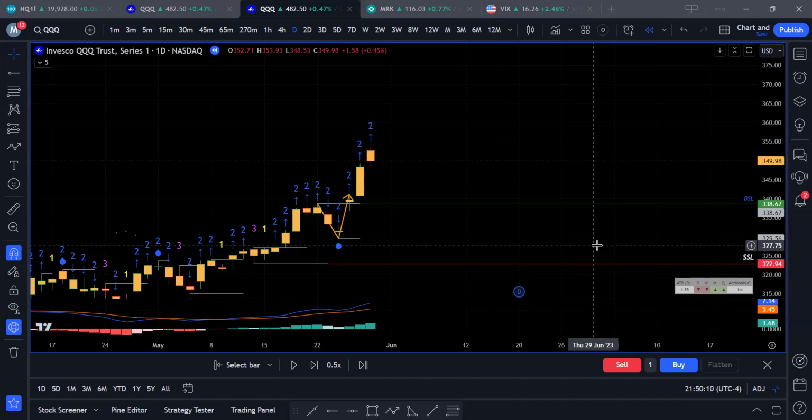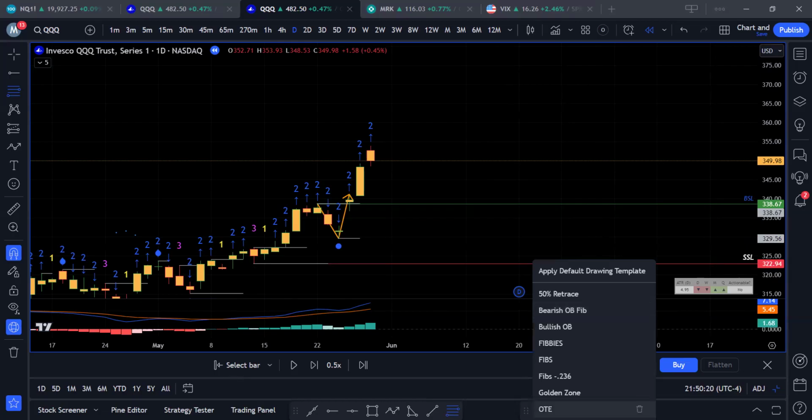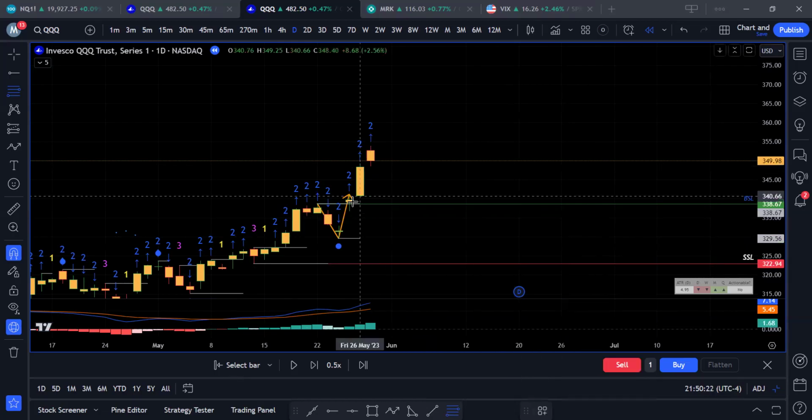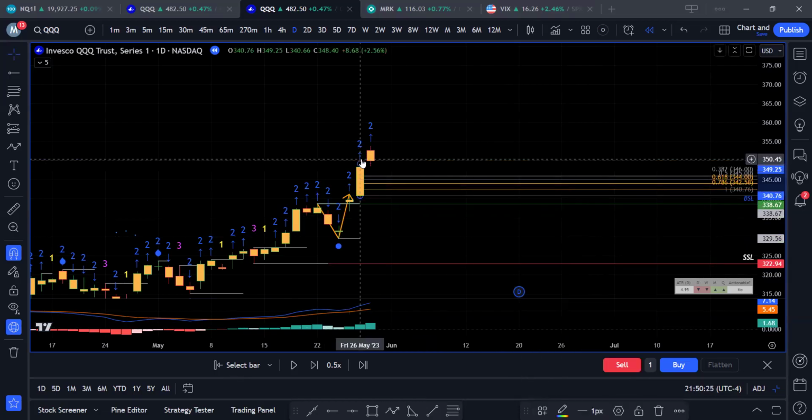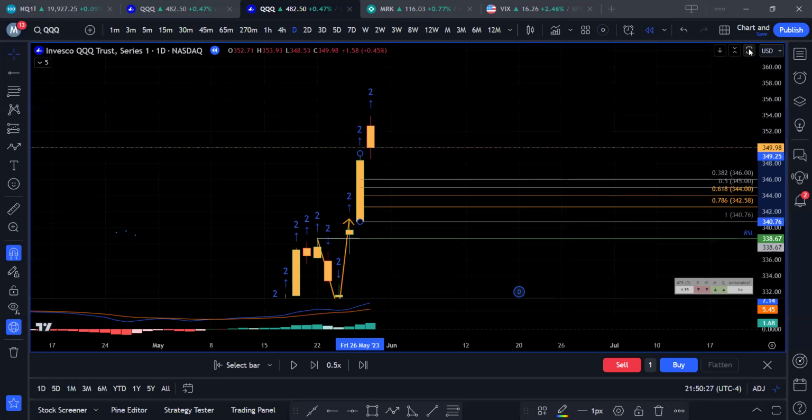Something else I've been using lately: when you have a large or huge displacement candle, I'll take my OTE fibs and draw 50% of it, and make that a target. In my opinion, a lot of this stuff comes down to support and resistance and different things of this nature.